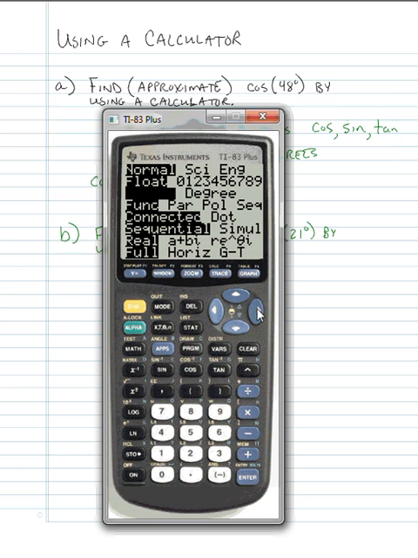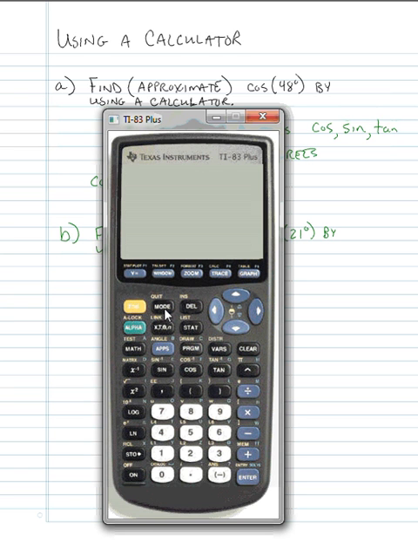So we cursor over to where it says degree, and then we enter that, and we're ready to do our problem. Now, we need to quit this mode function, and you see that quit is above the key, and it's yellow, so we press the second key and then mode again, and it takes us back to the main screen. Now we're ready.